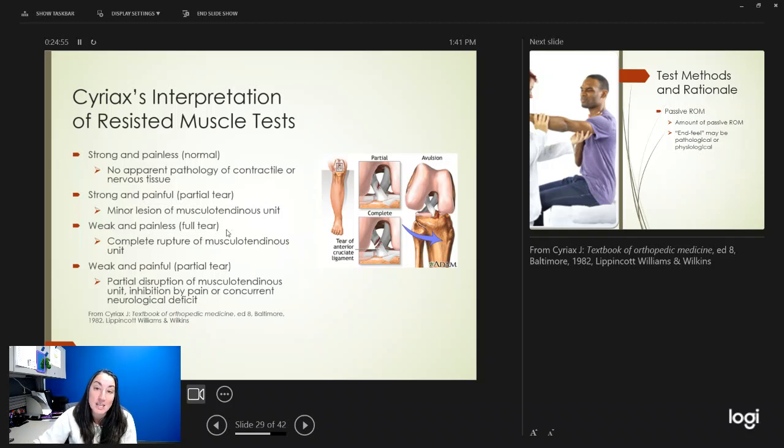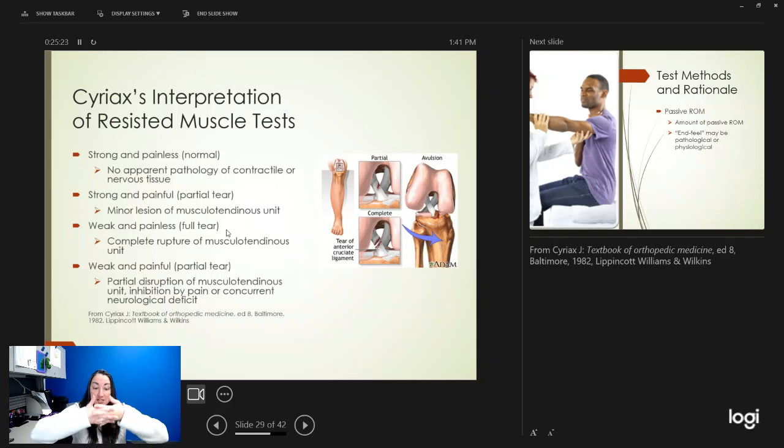If it's weak and painless, that is an indication. Now, if it's an older person and they're just out of shape, or haven't been using it, then that is one thing. But in somebody that would normally be strong in that area, or if they're strong on one side and the other side is very weak and painless, typically it means there's a full rupture. As I'm pulling apart, there's nothing there to be painful anymore.